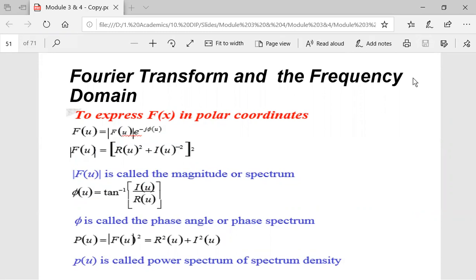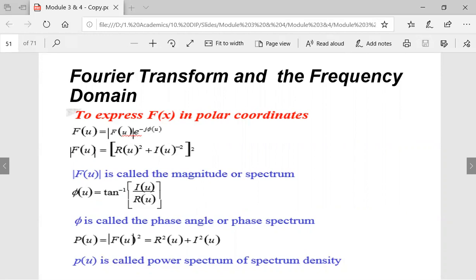Then the magnitude of F of u can be written as the square root of R of u squared plus I of u squared. The magnitude of F of u is called the magnitude or the spectrum. Here phi is called the phase angle or the phase spectrum. Then P of u is called the power spectrum or power spectral density.